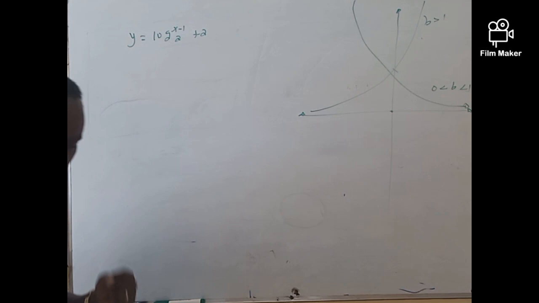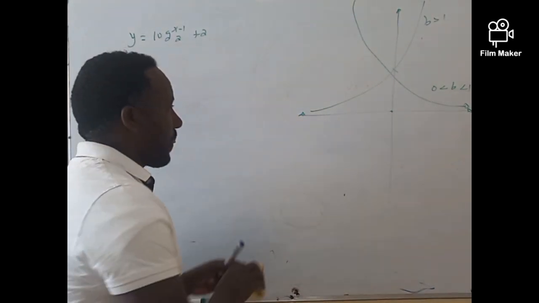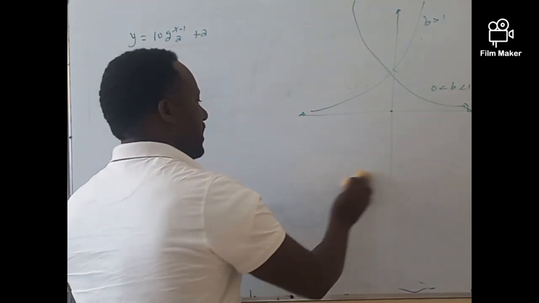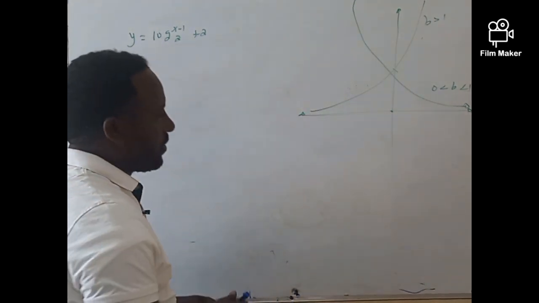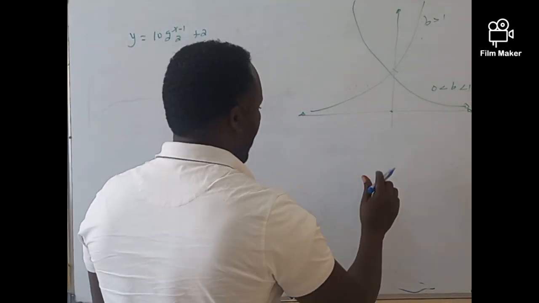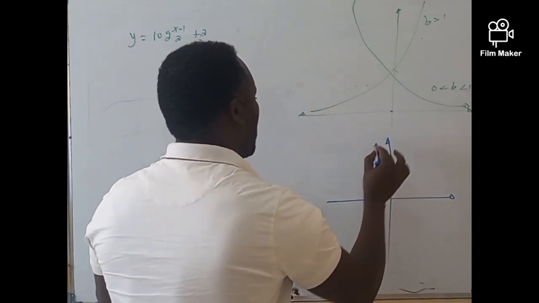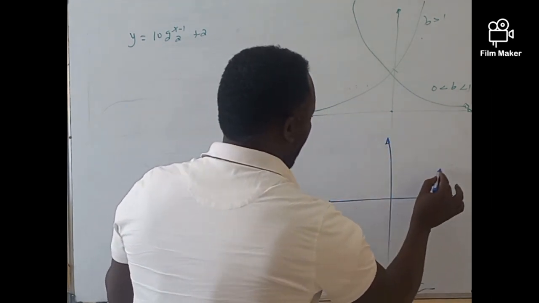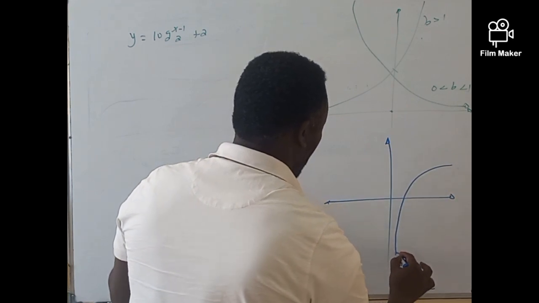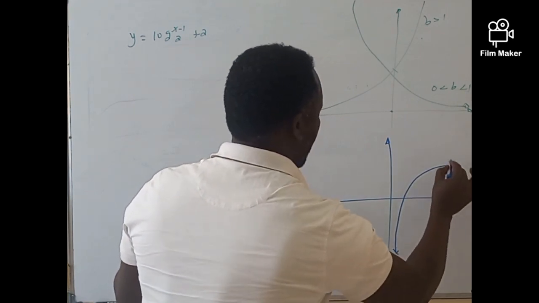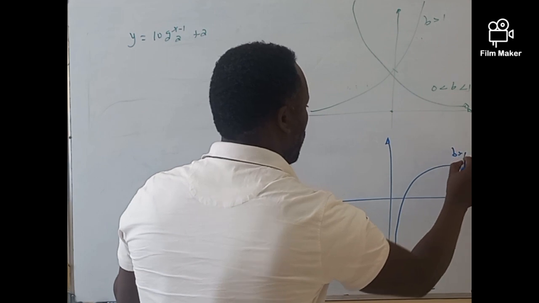When you come to the case of logarithm, we similarly describe it on the xy plane. The graph of every logarithmic function is going to look like this one. This is if the base of the logarithm is greater than 1.